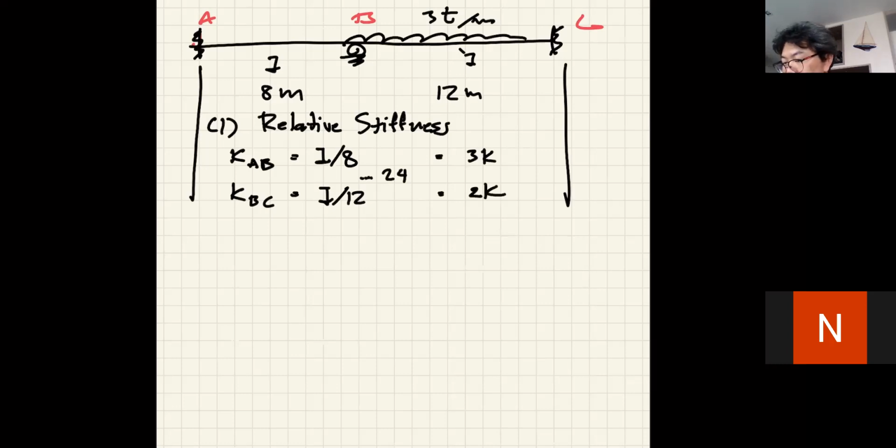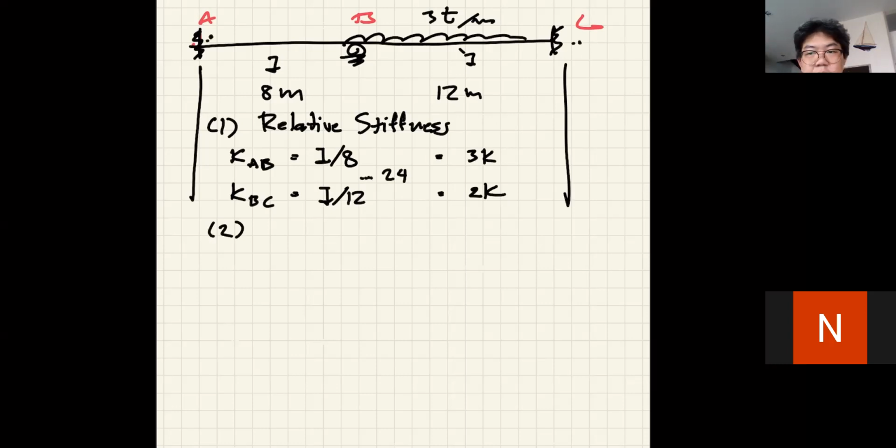The next is to find the distribution factor. When we talk about the lock and release process in the moment distribution method, you see joint A is already locked and joint C is also locked. So you don't have to do anything because they are originally locked.